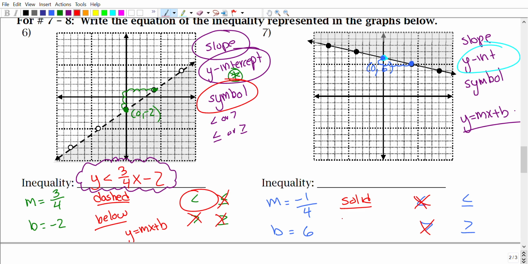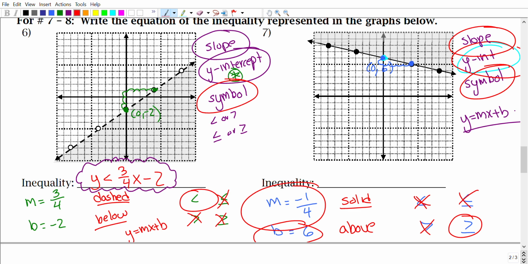But we also know that we are shading above. So which one of these two means above? That would be this one, greater than. So that one is also out. Now I have my symbol, my y-intercept, and my slope, so I can write my inequality. Let me do a different color so we don't get confused.